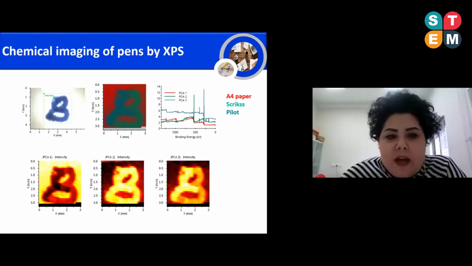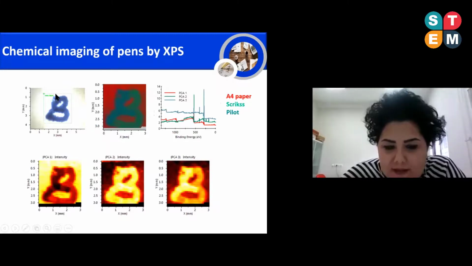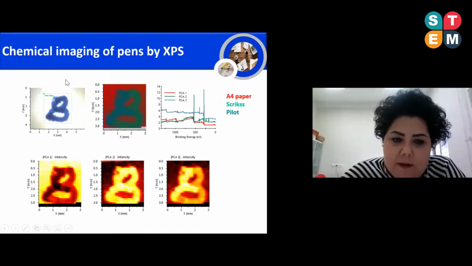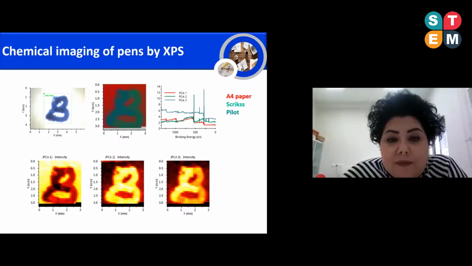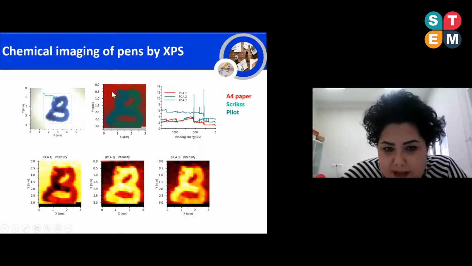By imaging and using principal component analysis, we have just made a 3 at first, and then turned it into 8. That is the document forgery mostly encountered. Here you see that when it is chemically imaged by XPS, one can easily understand that different types of pens are used.